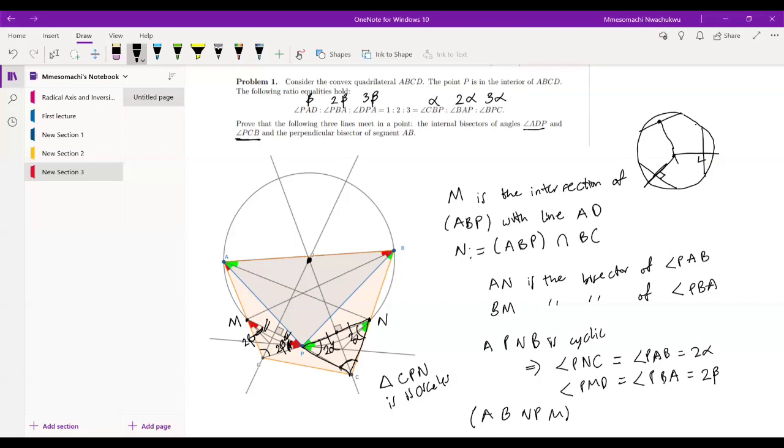So it means the perpendicular bisector of AB passes through the intersection of the other two angle bisectors. So in fact, O is the center of the circle, and any chord you pick, even if it's AM, all the perpendicular bisectors of the chords pass through the center, and that's it. We have the problem solved.